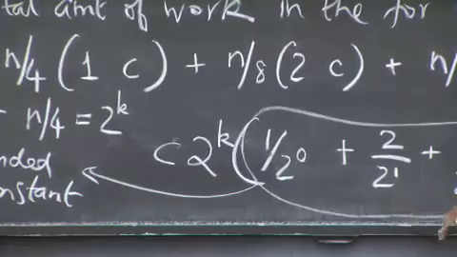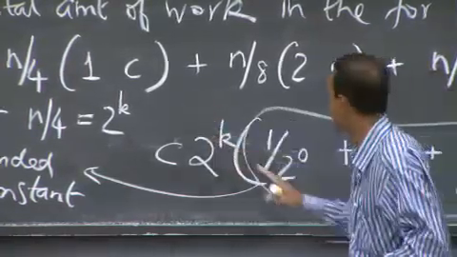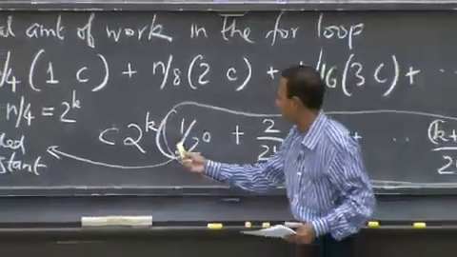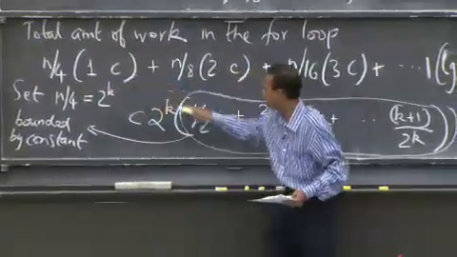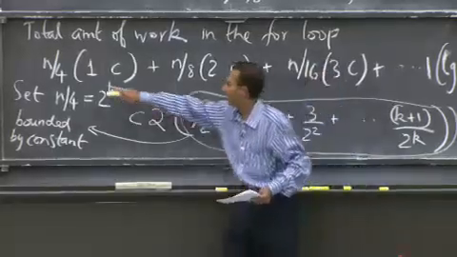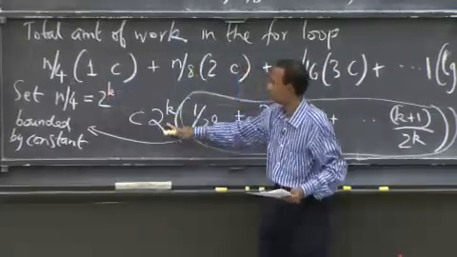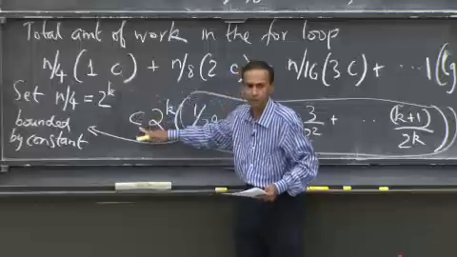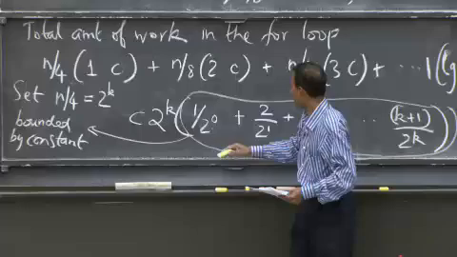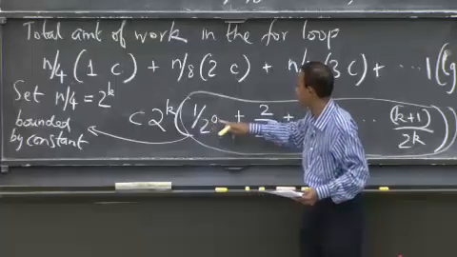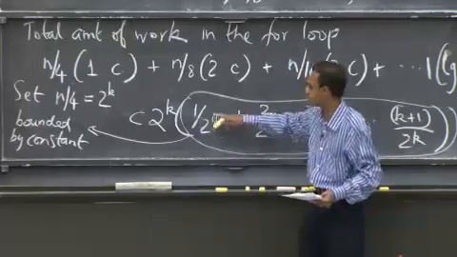Let me try and convince you of that. Let's take a look at each of the terms. n by 4 is 2 raised to k. I'm just looking at this term and this term. n by 4 is 2 raised to k, c is c, and I just wrote 1 as 1 divided by 2 raised to 0, which is 1.